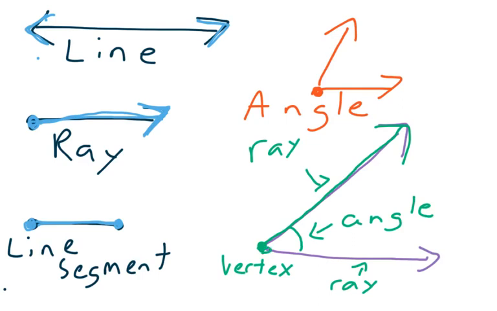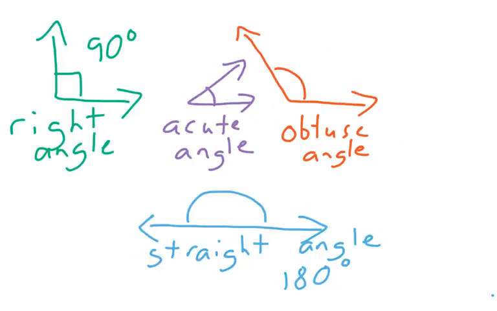And then I have another ray over here, so it goes off from that one side of the dot. And basically the space in between the rays is what your angle is. And then this dot where they meet is called the vertex. So anytime you see the point or the dot, that is the vertex.